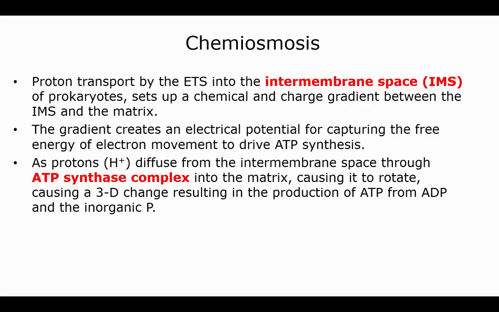And that creates an electrical potential. So that drives the movement of the protons from that intermembrane space through the ATP synthase that's in the membrane, and that causes the production of ATP from ADP and inorganic phosphate.